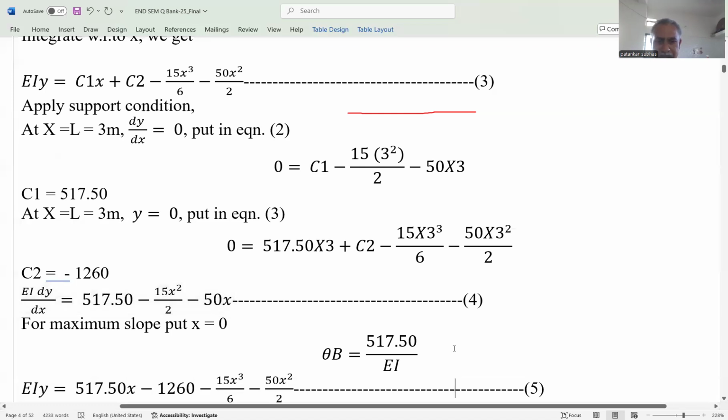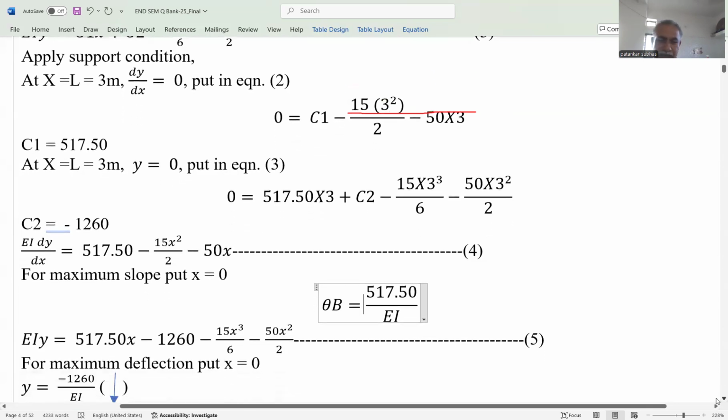When we divide it by EI, we get the slope. So theta B = 517.50/EI. That means theta is maximum, equal directly to C1, in case of the cantilever B.